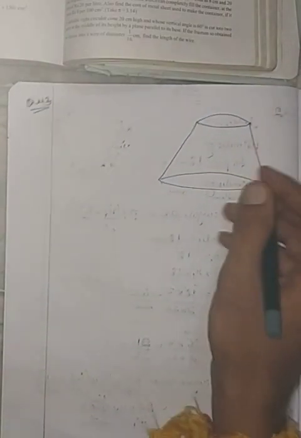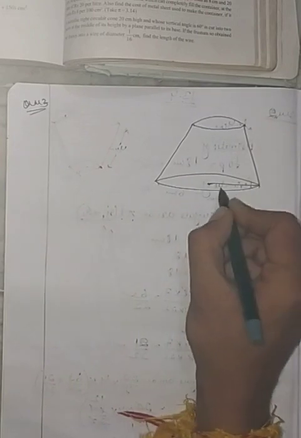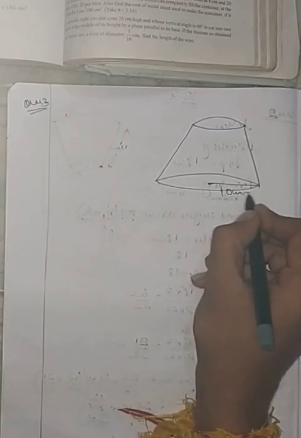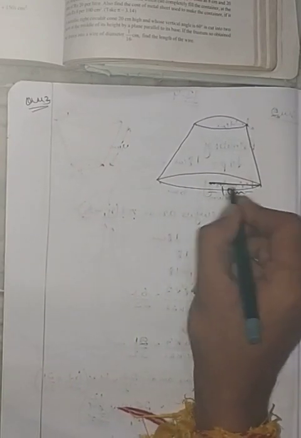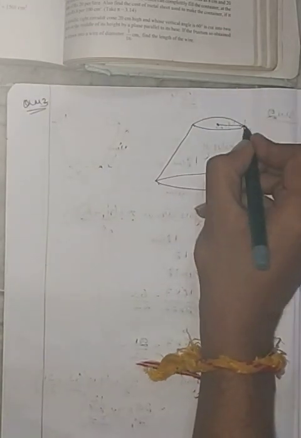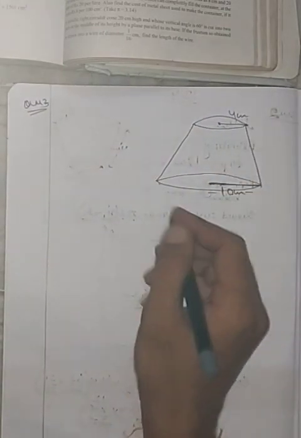The radius of the open side is 10 centimeter. This side will be open as they are going to wear the cap. They are going to put the head over here. So it has to be open, but it will be closed from the top. And the upper base is 4 centimeter. Slant height is given 15 centimeter. You have to calculate the area of material required.